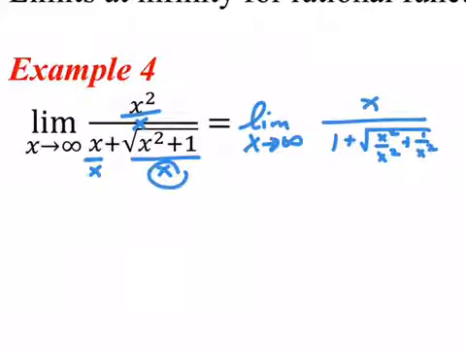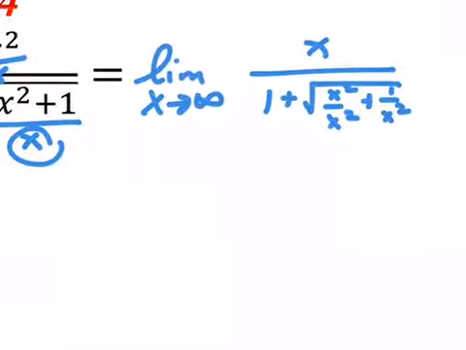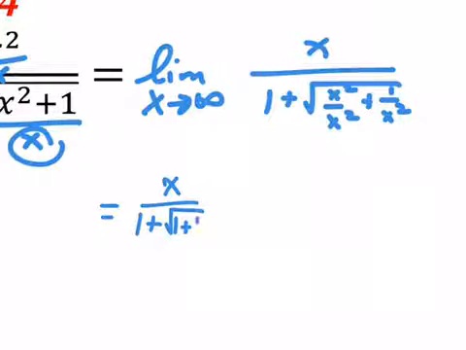Okay, so let's see what we get. It looks to me like we get the limit as x goes to infinity of x over 1 plus, in the square root, 1 plus 1 over x squared. Okay, so I should probably write the limit notation here to be official about it.